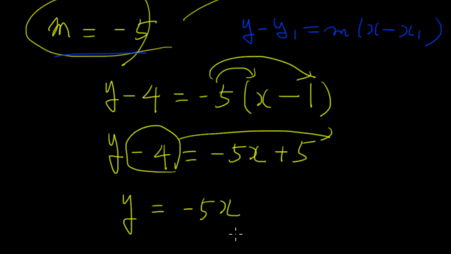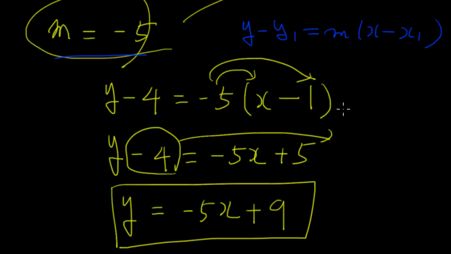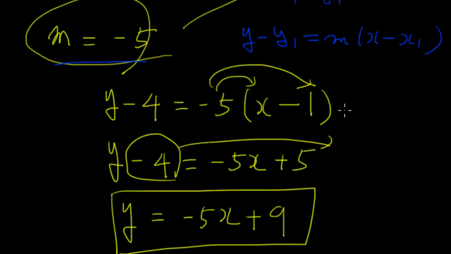And I already have plus 5, so it'll be plus 9. So y equals negative 5x plus 9. Just like that. And that would be my second line. All right. So please review this question a few times and make sure that you understand it. Okay?